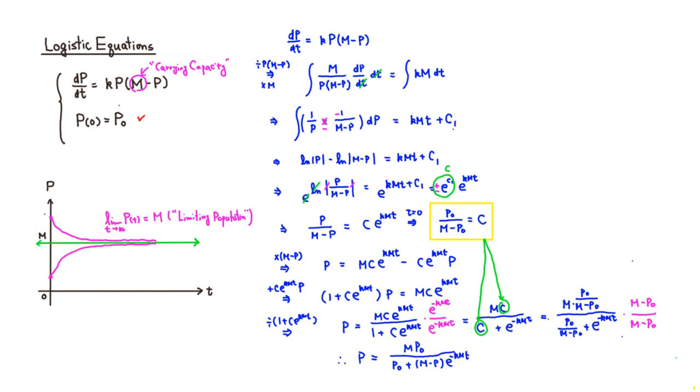That is the population function that we're looking for from the logistic equation.